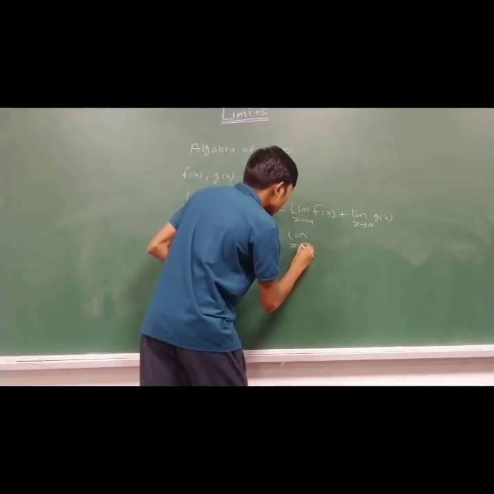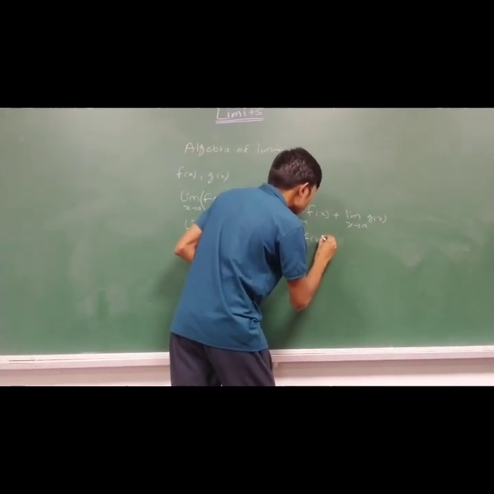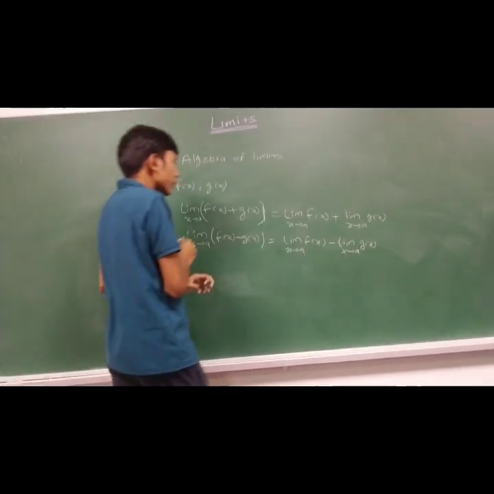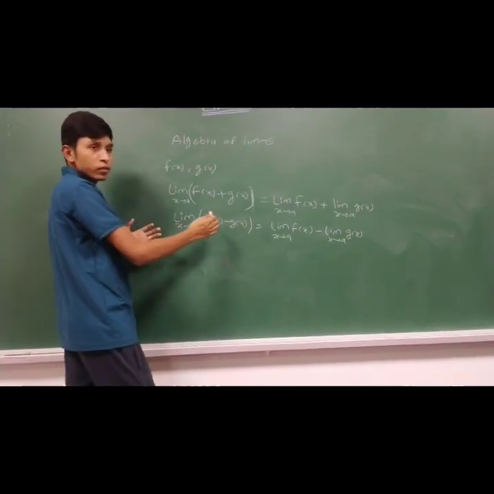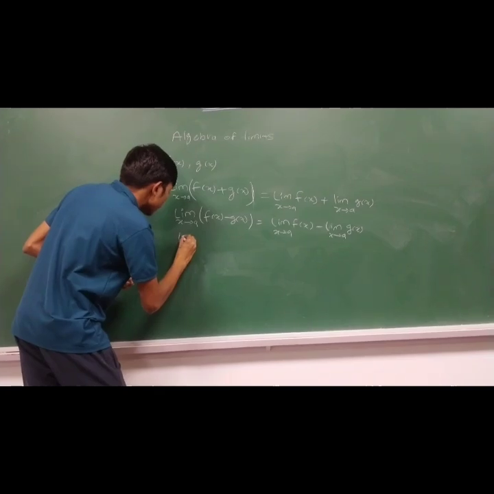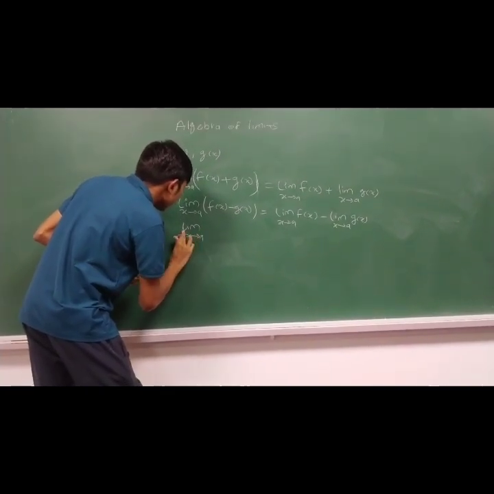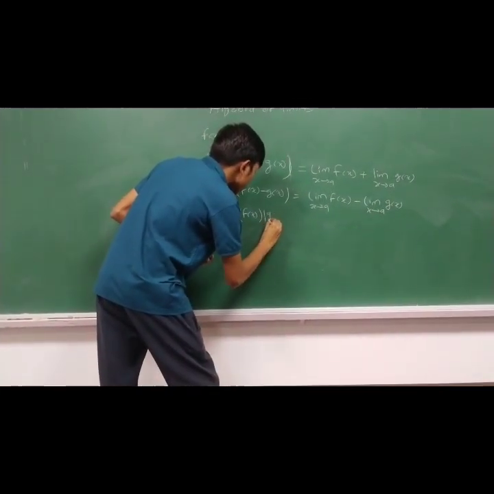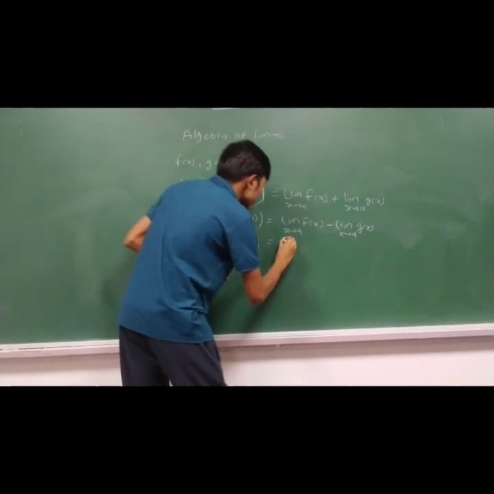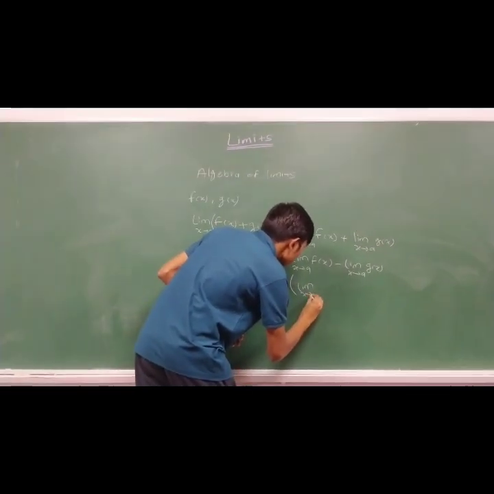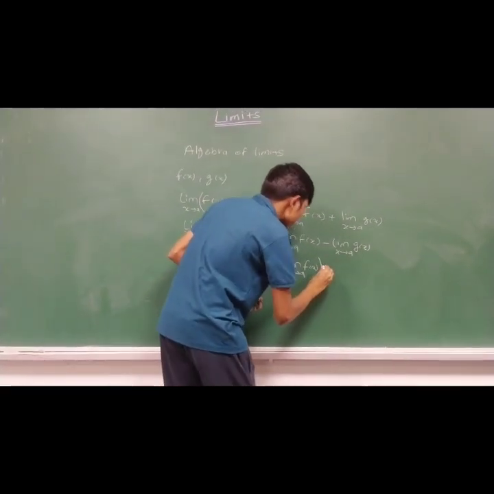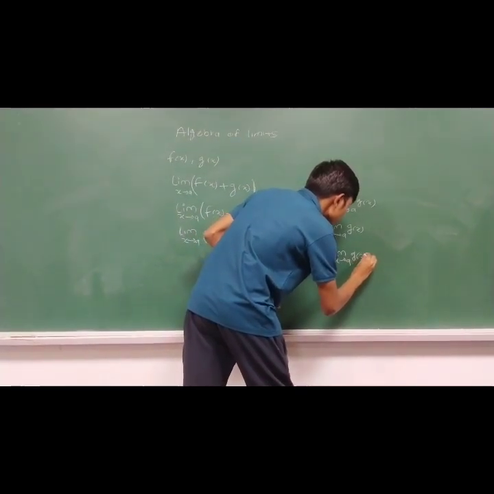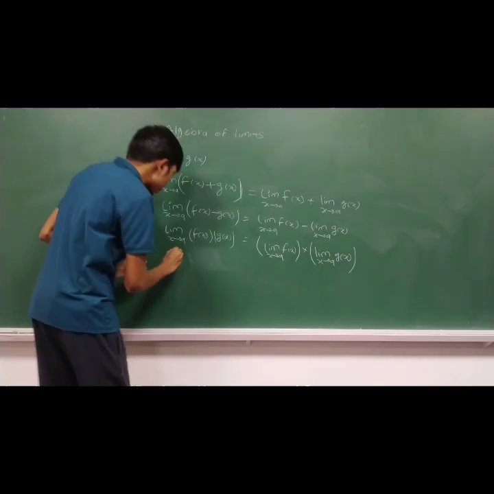That means the limit of f(x) minus the limit of g(x) as x tends to a; we can calculate like that by splitting it separately. Similarly, for the limit as x tends to a of f(x) into g(x), it is the limit of f(x) into the limit of g(x), and similarly for division.